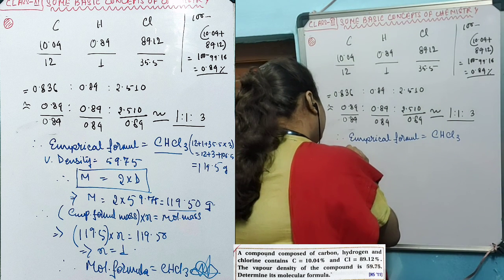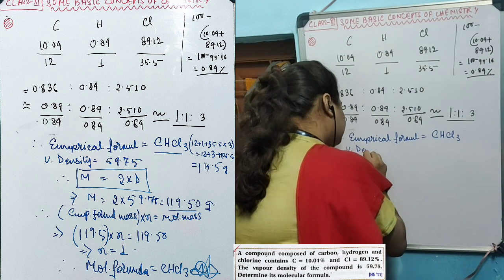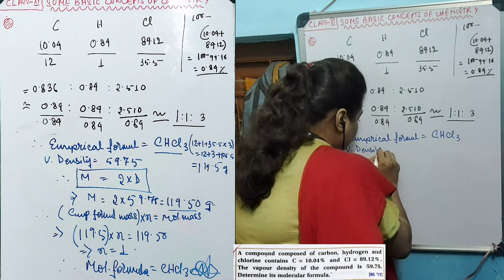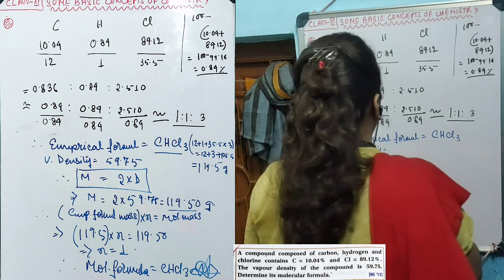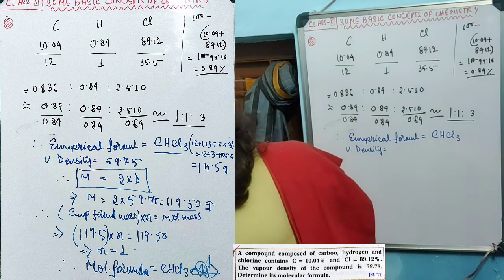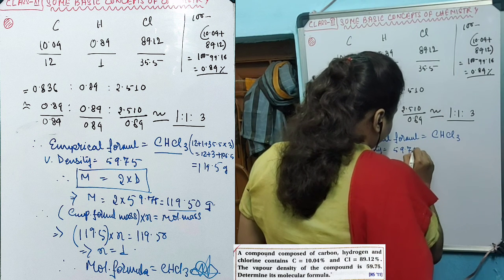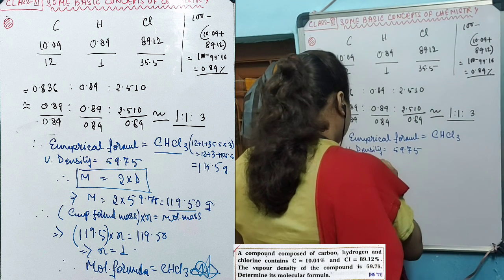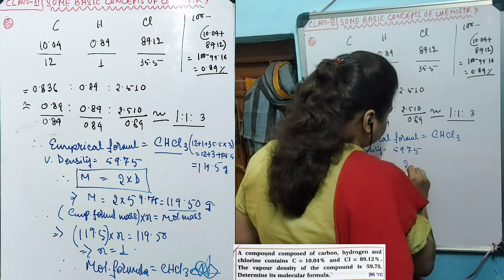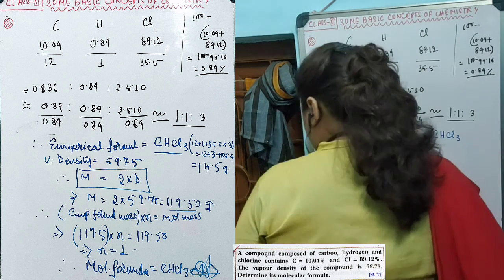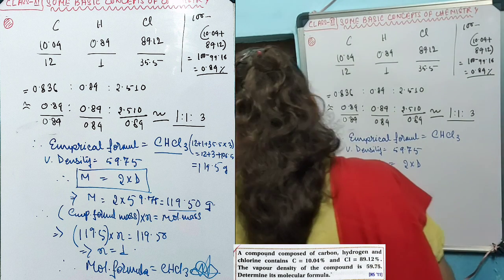Now the vapor density of the compound is 59.75. We know that molecular mass equals 2 into vapor density.